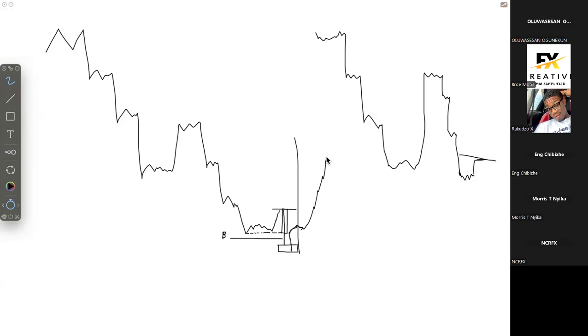Now, can you see how my entry is like? It's actually at a good place of a peak formation. That is the benefit of having news happen at a peak formation area, because you know there are two things that will happen.